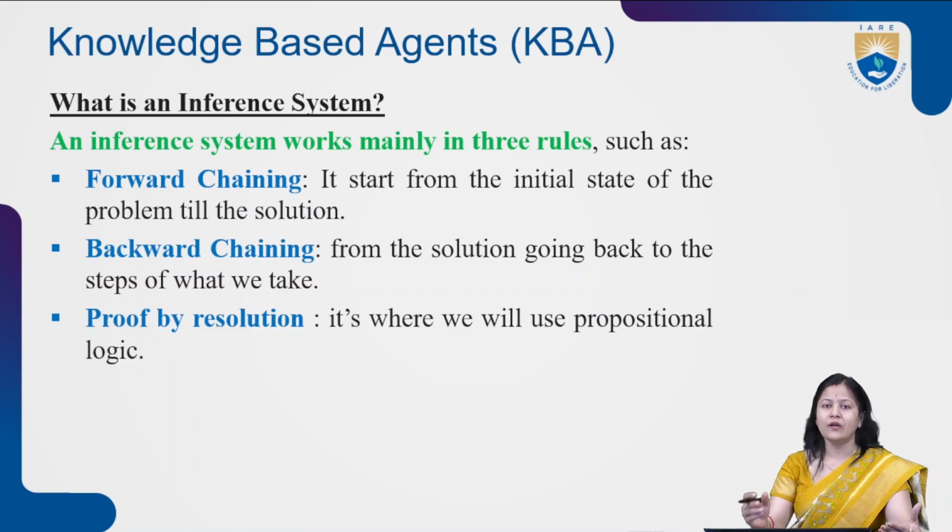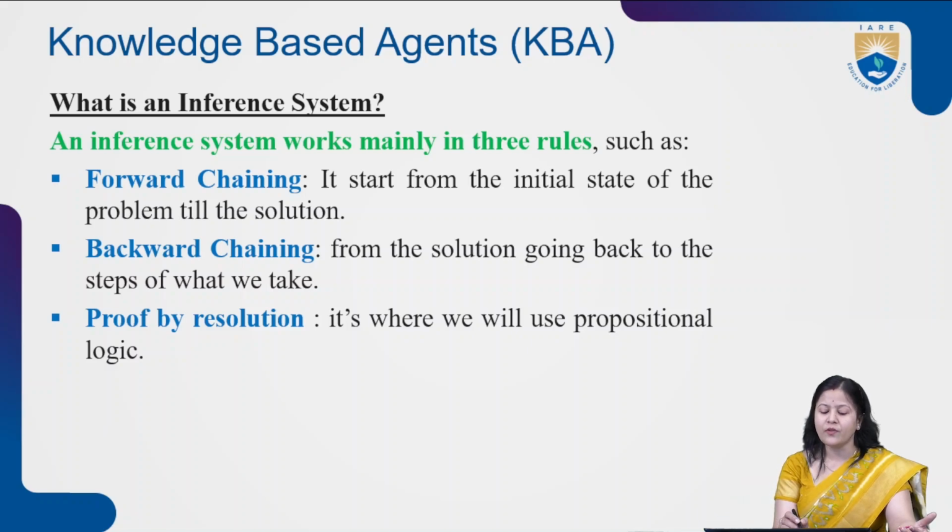Sometimes the inference system is not only used to derive the conclusion, but from the conclusion it also observes the initial step, which is nothing but the observation. So the first one, forward chaining, starts from the initial state of the problem till the solution. That means it starts observing things from the knowledge and tries to derive the conclusion or the goal. That is called forward chaining.